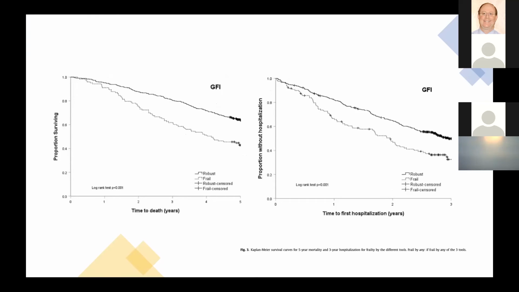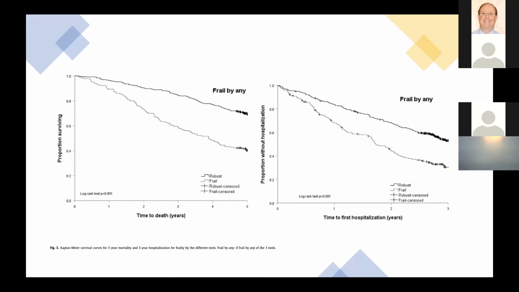Even when you say frail by any tool, you see a similar pattern. That means that across all of those tools, all-cause mortality and first hospitalization were higher for all participants identified with frailty.